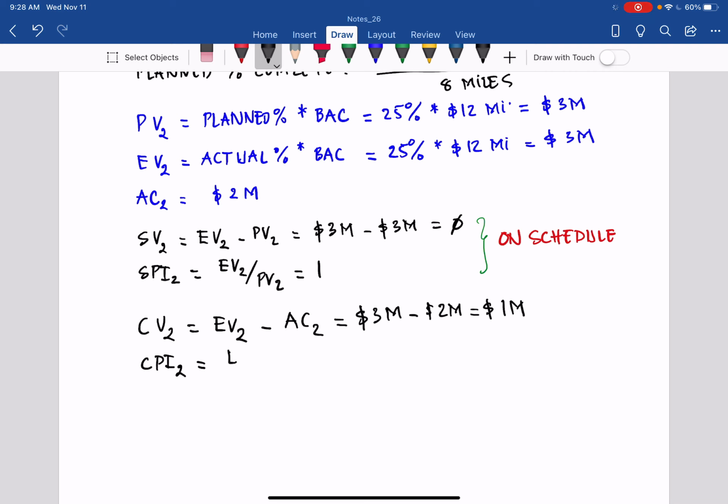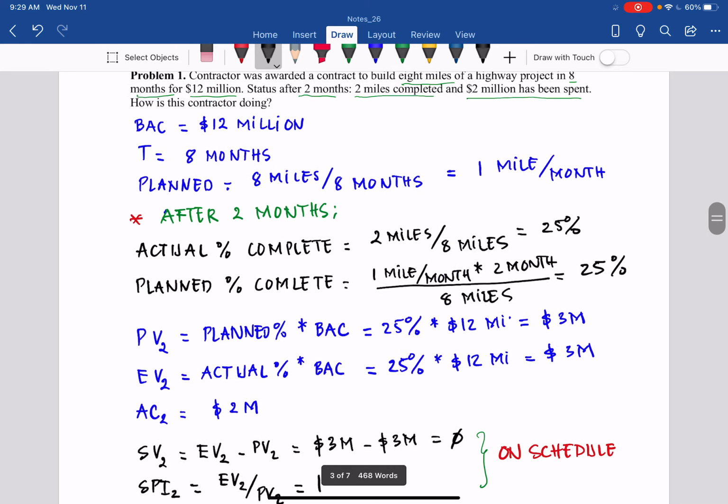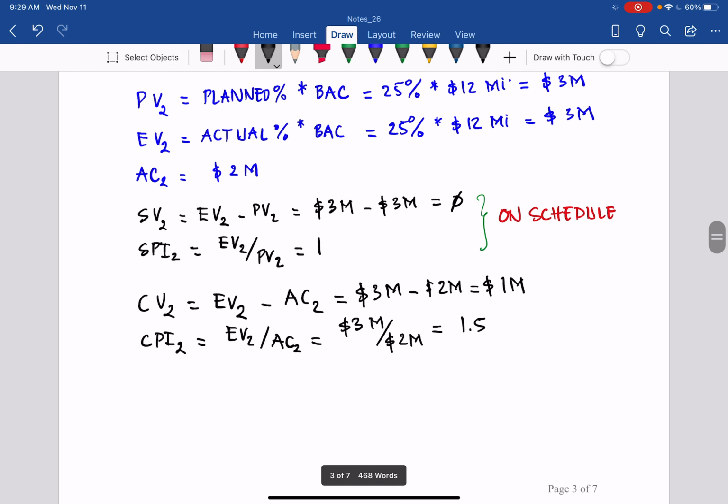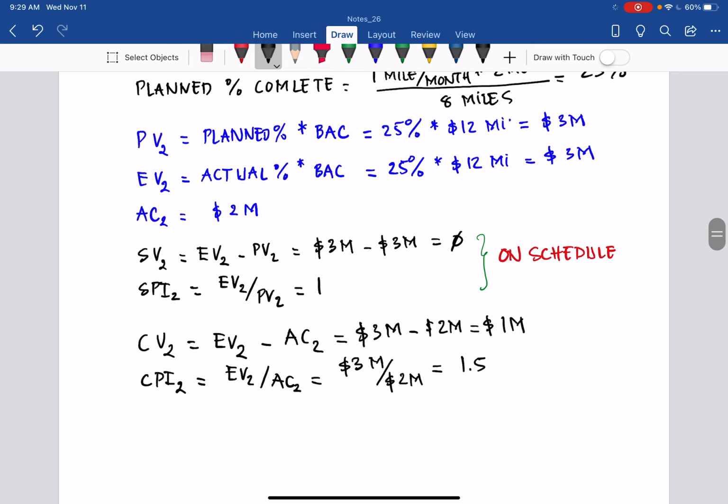It equals EV2 over AC2, equal to 3 million over 2 million, which is 1.5. So CV is greater than 0 and CPI is greater than 1.